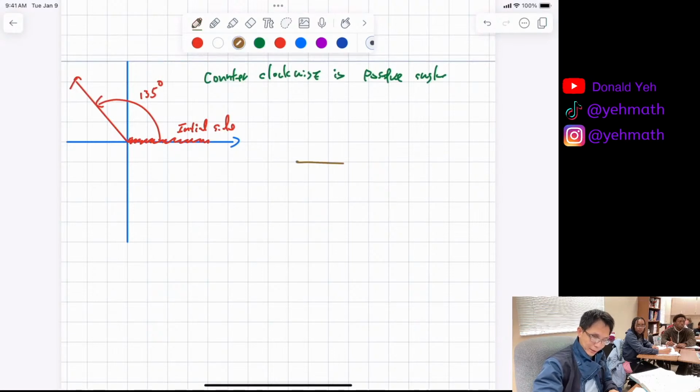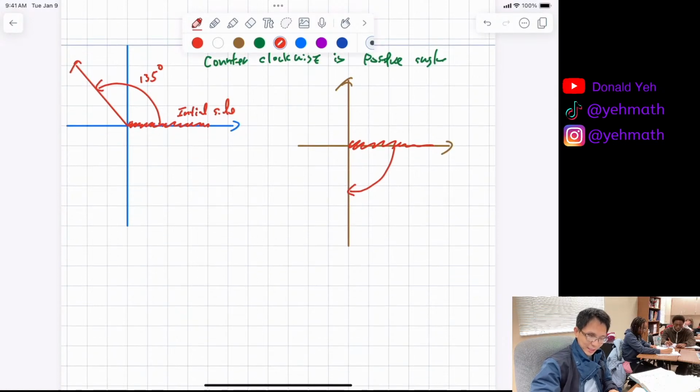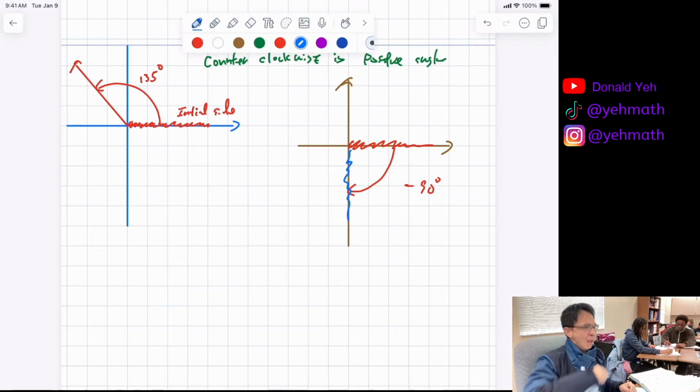Let's just say I have this initial side right here, and if I go in this way, clockwise, that means negative 90 degrees. Does that make sense? Clockwise is negative. So you can have a negative angle, because it just tells you a different orientation, but you've got to be able to draw it.